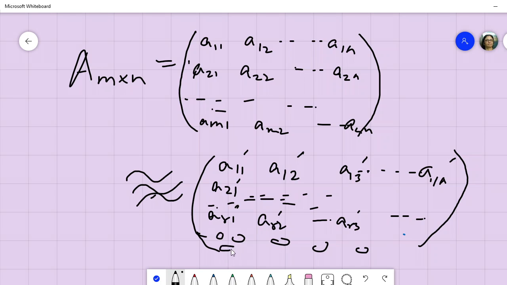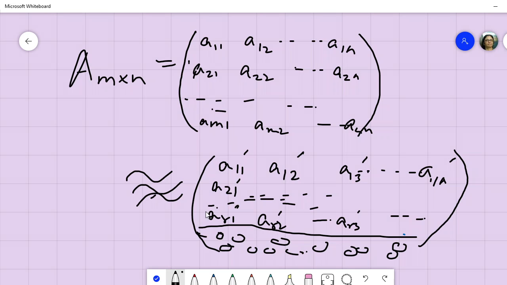By some elementary transformation, we are not discussing this, we are just saying these things so that you can imagine this. So all are 0 here. Then we say there are some elementary transformations to make it equivalent to this, and then this has non-zero entries in these R rows.